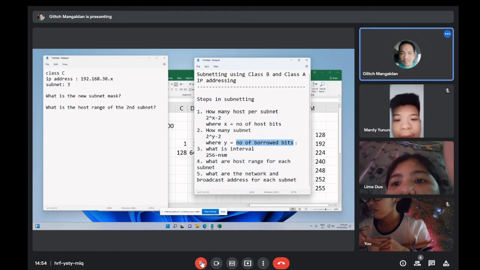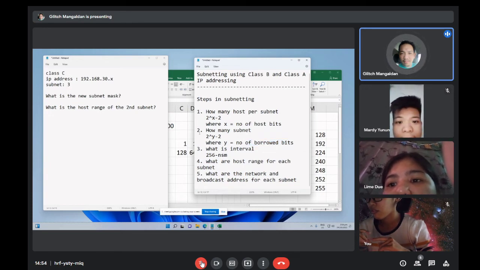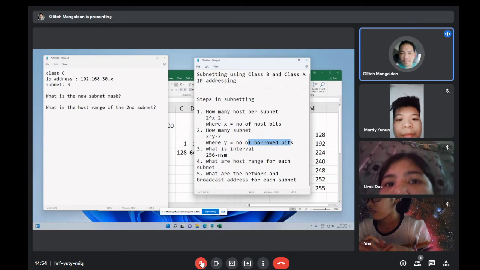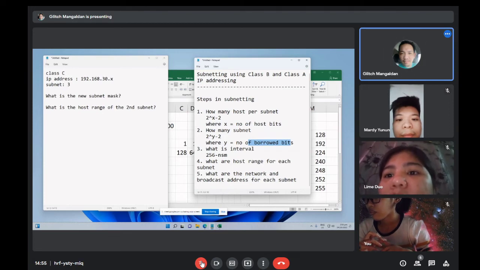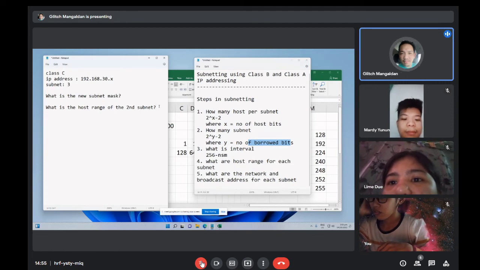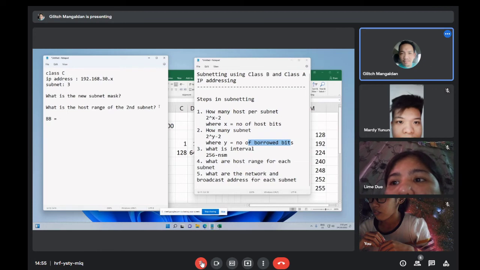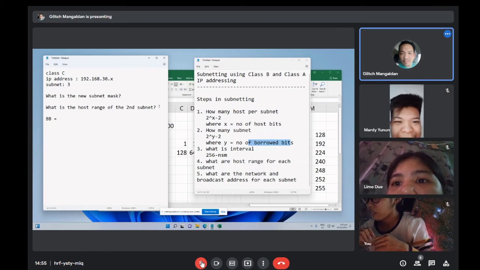Tama? Okay. So meaning, pag na-answeran mo yung number 2, alam mo na yung borrowed bits. Pag alam mo na yung borrowed bits, alam mo na kung ilan ang host bits, at ma-answeran mo na lahat yan. Okay? So, let's answer. How many borrowed bits do we have? Gamitin ng daliri. 3 subnets.